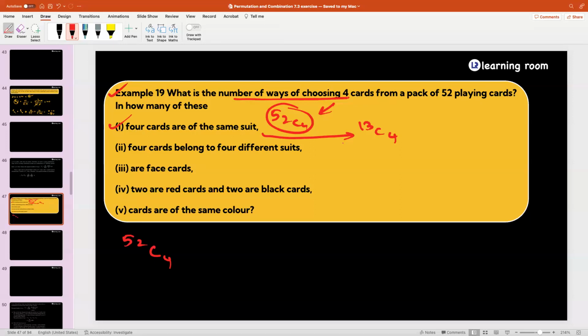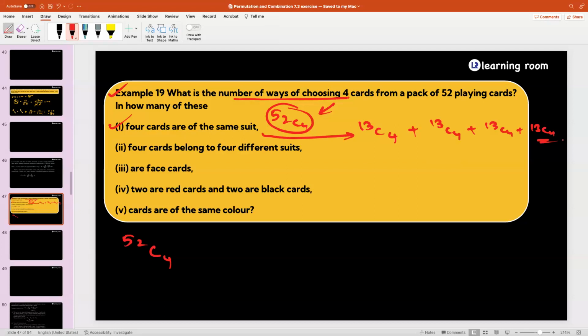4 cards belong to 4 different suits. Actually, 4 cards of the same suit means it could be any of the 4 cards from the 13 cards, or any of the 4 cards from the 13, or any of the 4 cards from 13.